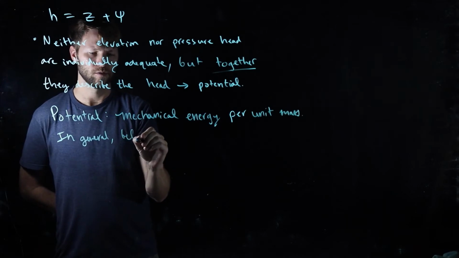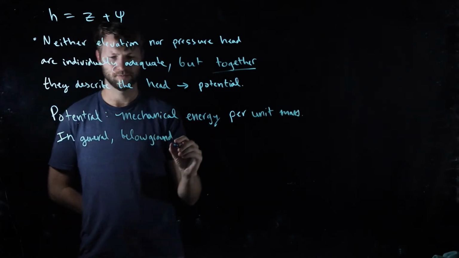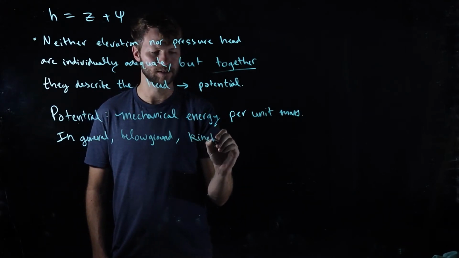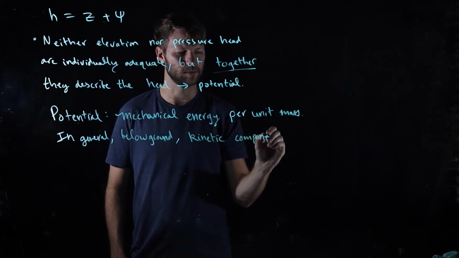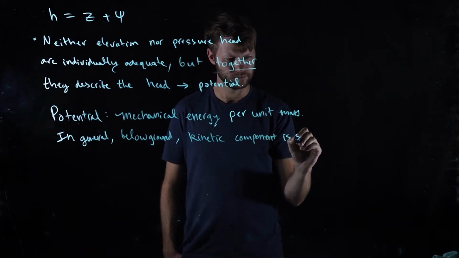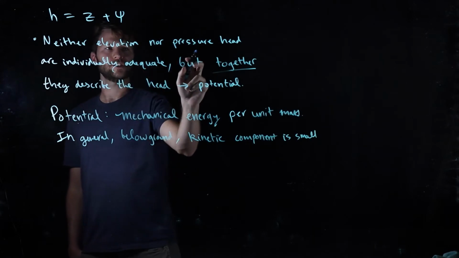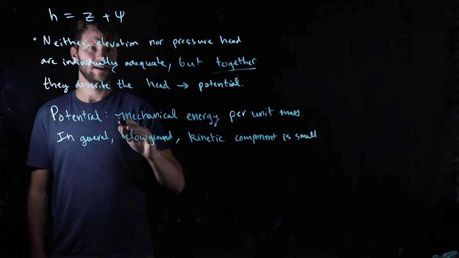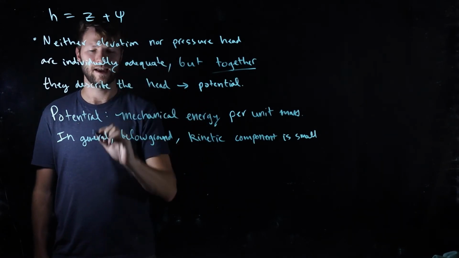below ground, water is moving fairly slowly. It's seeping through little pores such that the kinetic component is negligible. It's very, very small. And so it's really just this pressure term and this elevation term, or you can kind of think of this as the height above a particular datum that determine the head.